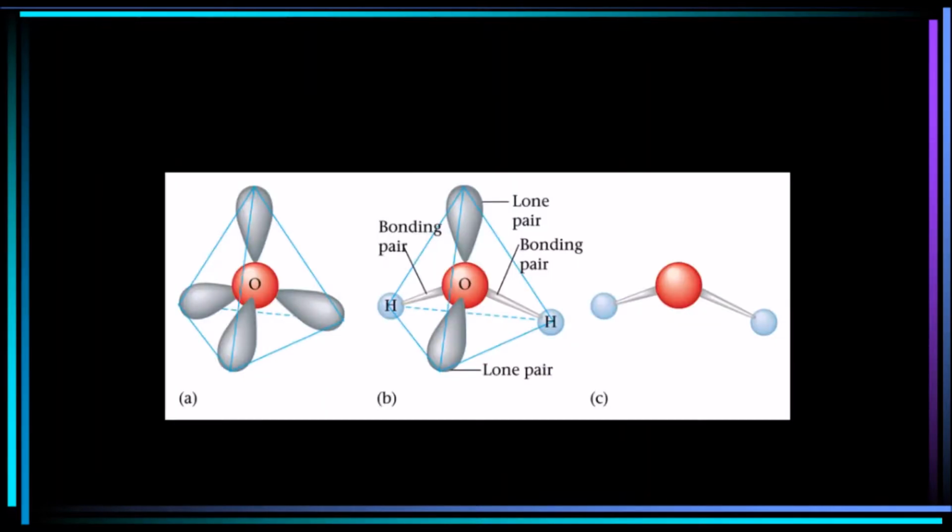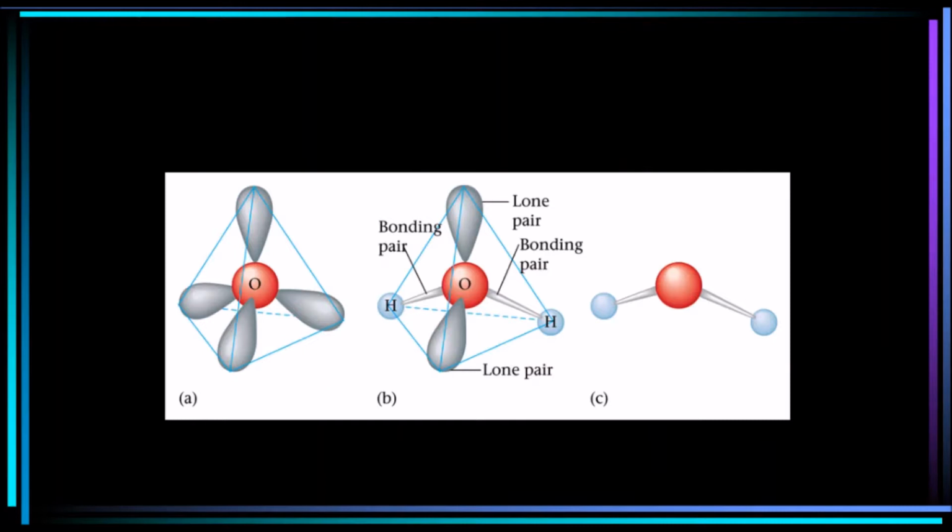Next. And I do have some models. Sometimes it's much better to actually feel these things and touch them. So this is 4 sides, but all the sides are bonded. So this is what? Tetrahedron.